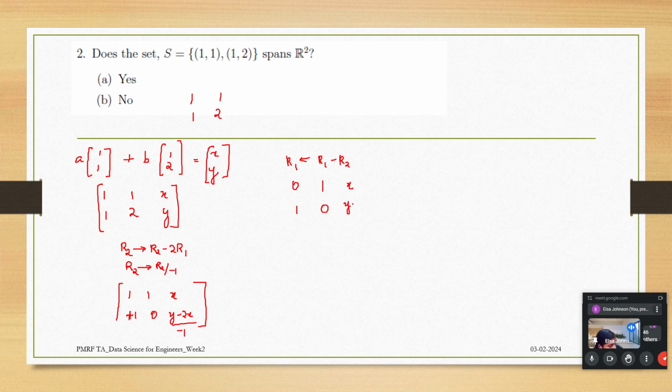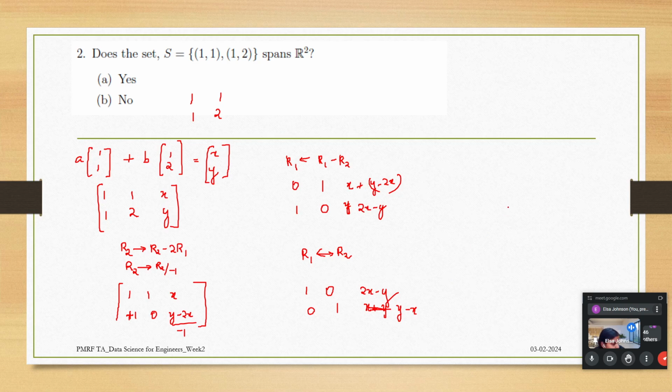And here it will be like, sorry, x plus y minus 2x, and here it will be 2x minus y. Then I'll be swapping these two, r1 swapped with r2, then you'll be getting like 1 0 2x minus y and 0 1 x plus y minus 2x, meaning like y minus x. Okay, like this it will come.